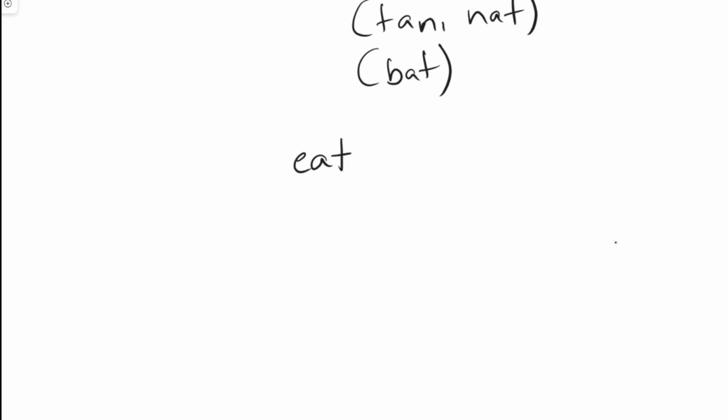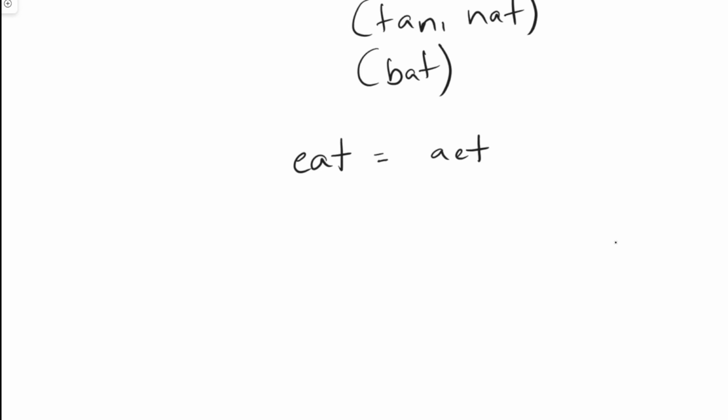We will take this word and sort that word in alphabetical order. So we'll sort it and we will get A E T, right? Now every word we come across, we will sort into alphabetical order.